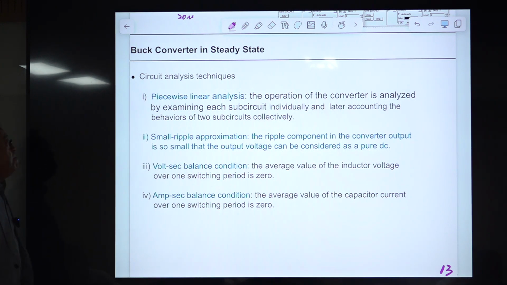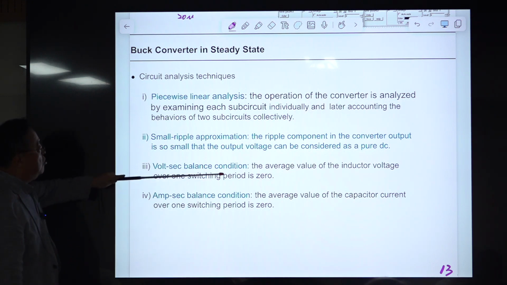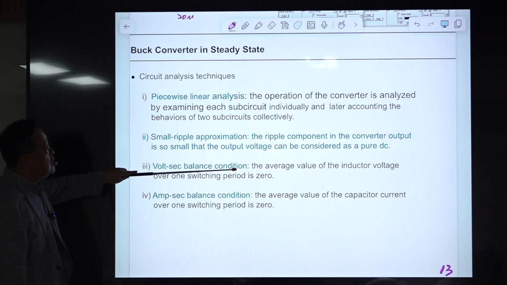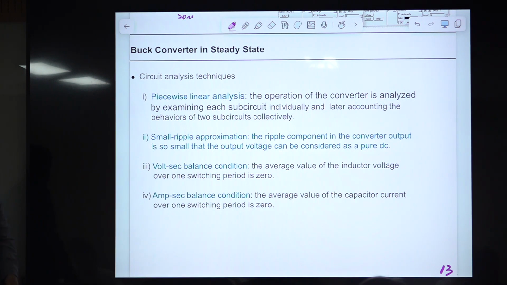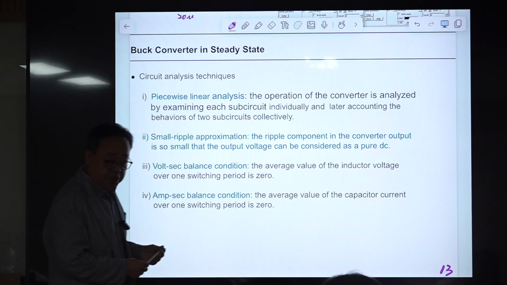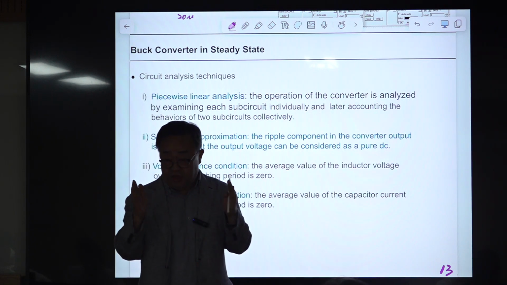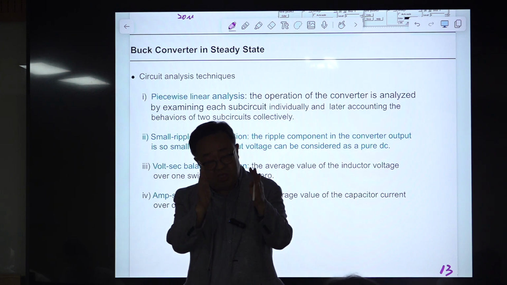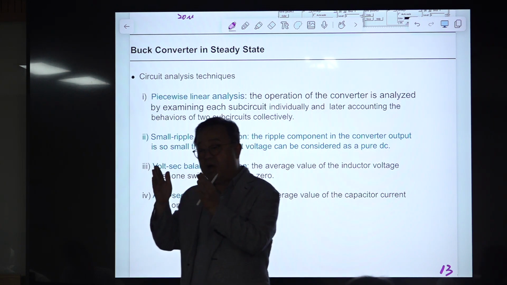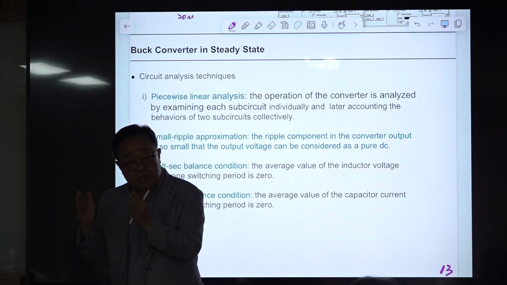So, two things. Another one is the volt-second balance condition. This means the inductor voltage applied over one switching period should average 0. That means if positive DC voltage is applied to the inductor, then negative voltage should be applied for the same amount over the same period.